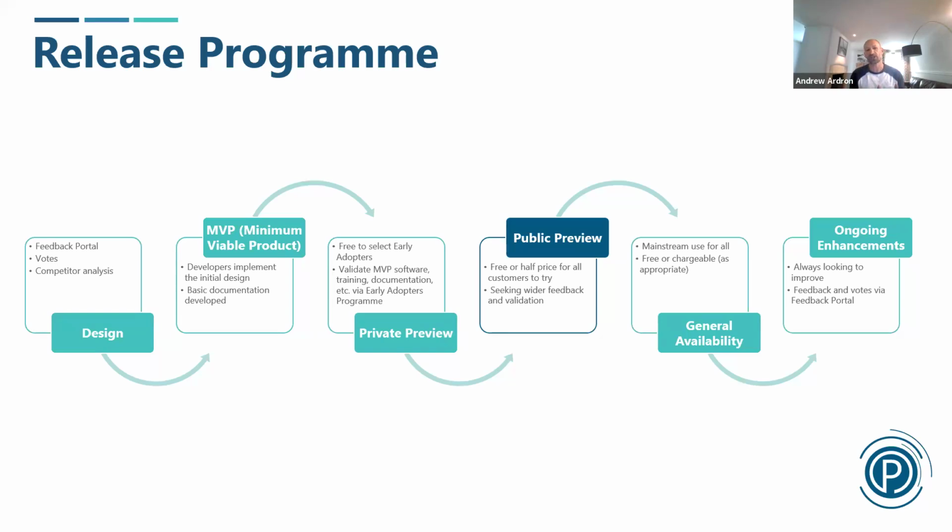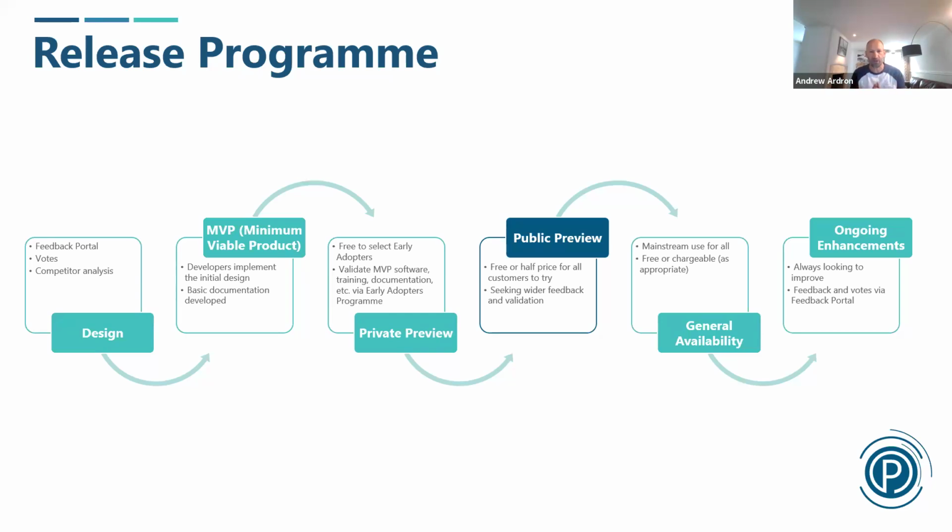So obviously we start by designing a feature or an update, and that's based on feedback from you through the customer feedback portal and the votes cast in that, competitor analysis, our own analysis of the problem, UX designs, all of that feeds into us then being able to build what we call a minimum viable product. And we just build the smallest thing that we think solves that problem in the most basic way.